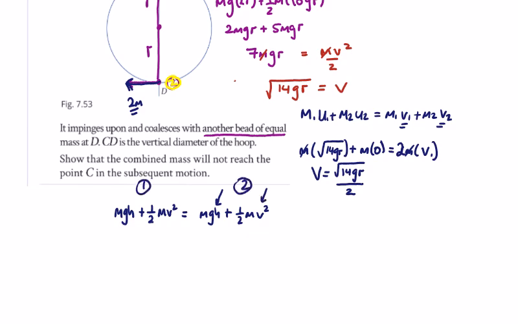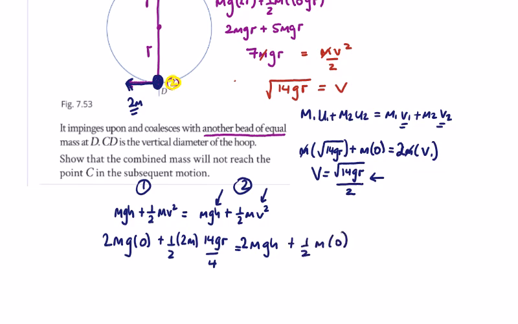So position 1, we have 2m times g times the h, which at this point is 0, plus a half times 2m times v squared, which is 14gr. On top it'll be 4 on the bottom. This will be equal to 2mgh plus a half m by 0.